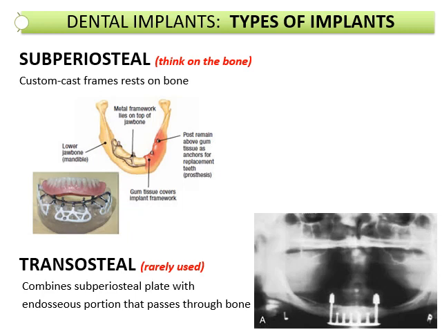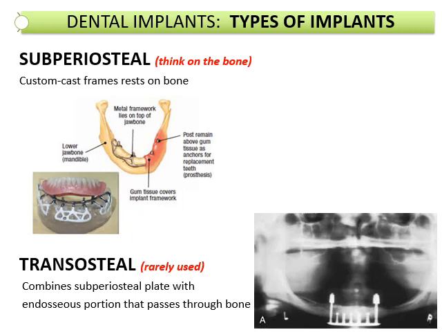Transosteal implants, boy, this one requires hospitalization. They cut into the mandible and go up and through the jaw. It's limited only to the mandible. If you look at the pano at the bottom of the screen, the rods protrude through the chin, and the implants go in and set on top of those 2 wire rods.